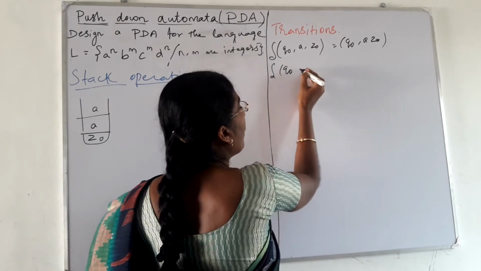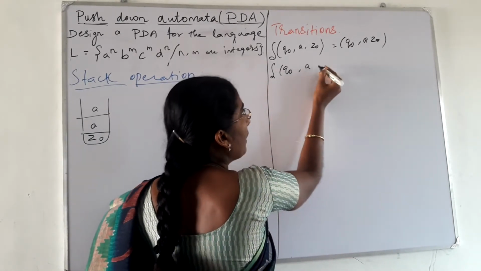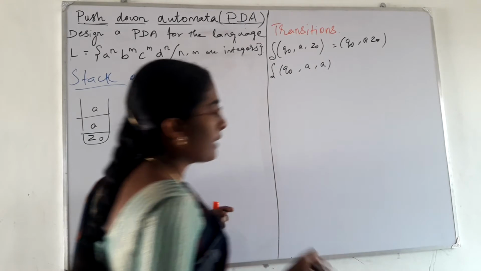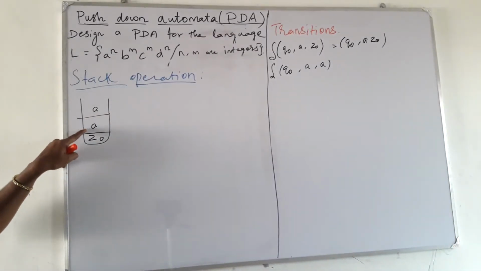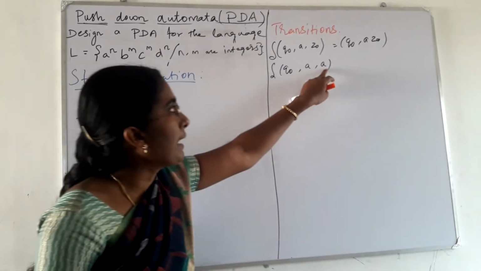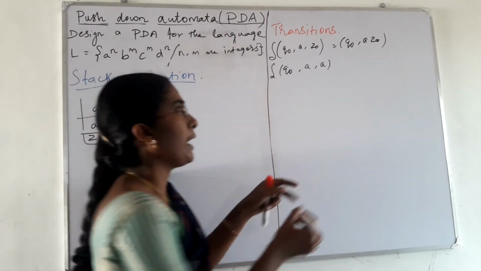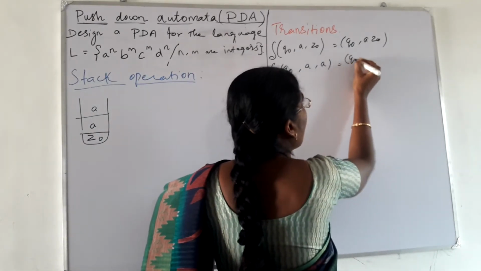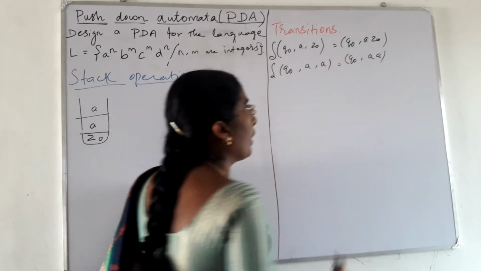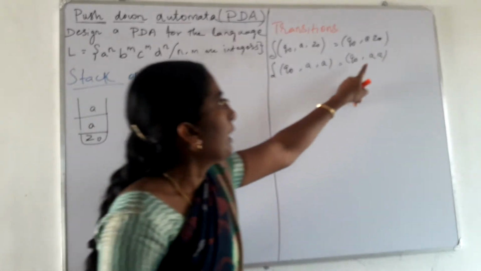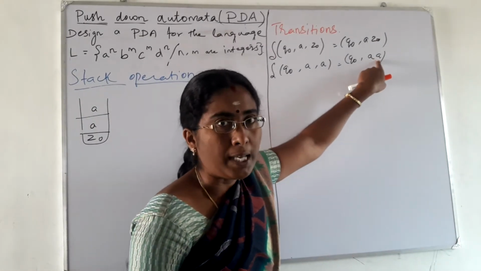Delta of Q0, comma, input symbol A with top of the stack A. The second A is also pushed onto the stack. Now the stack will be AA.